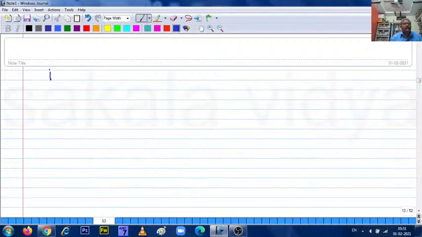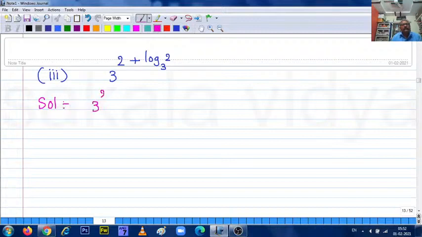Next, third problem. 3 to the power of 2 plus log 2 base 3. Here solution, 3 to the power of 2 plus log 2 base 3.